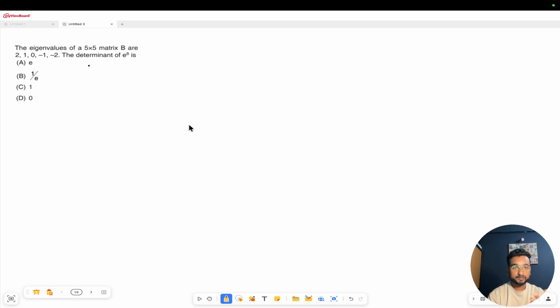So in this question you can see that the eigenvalues of a 5 cross 5 matrix B are given as lambda i: 2, 1, 0, minus 1 and minus 2. Yesterday I told you that for an n cross n matrix there will be n eigenvalues. So they have given a 5 cross 5 matrix, so there are 5 eigenvalues.